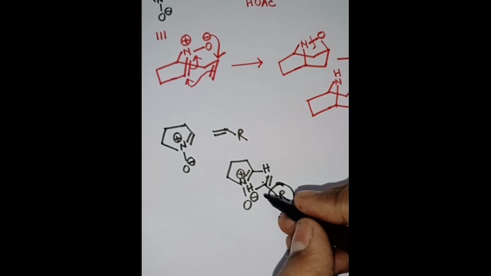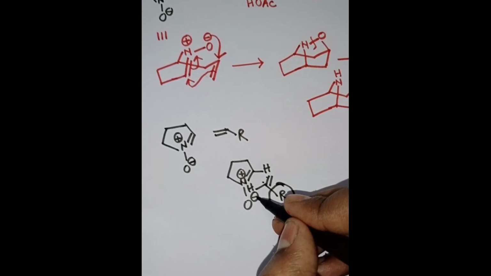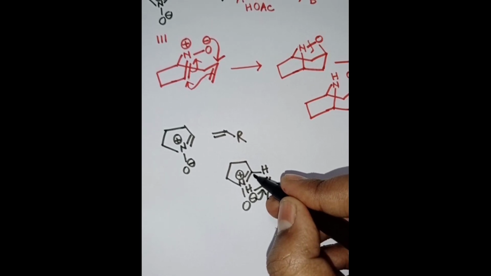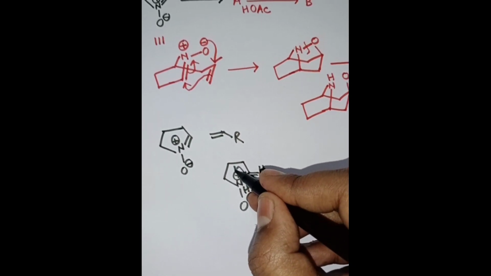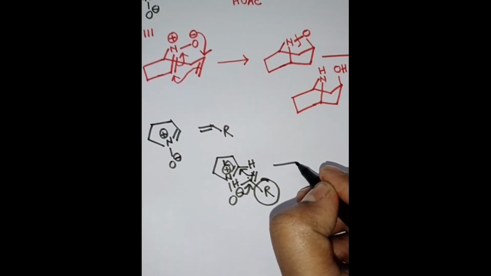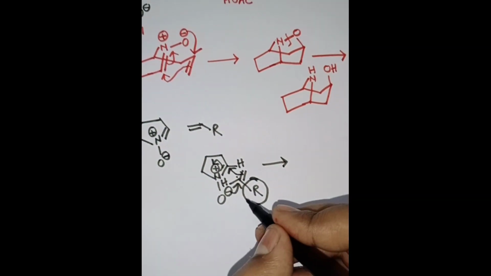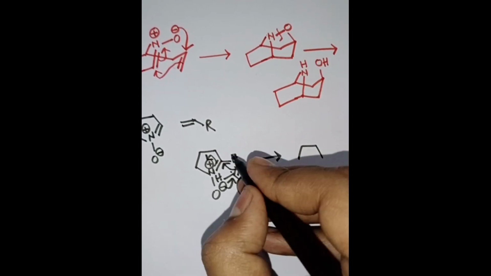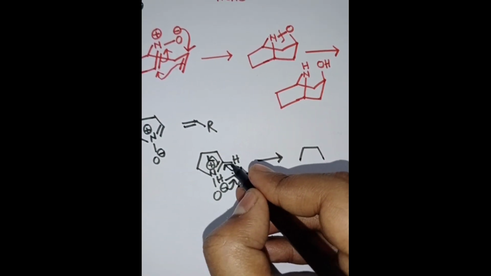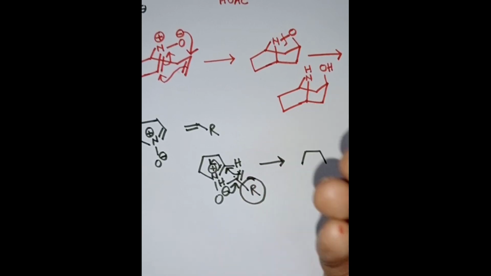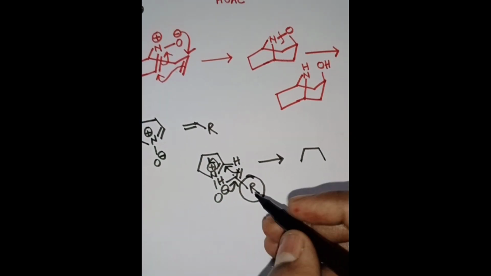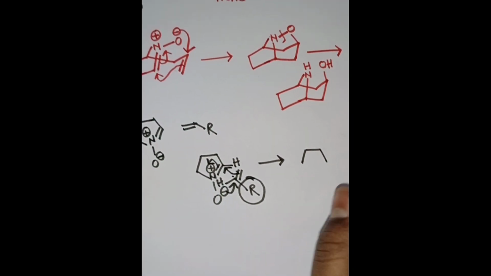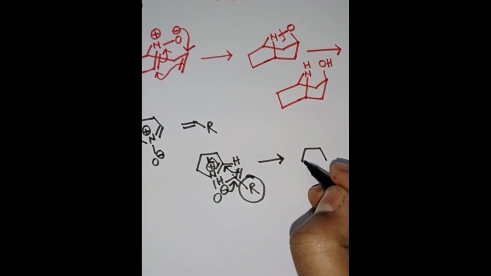Okay, so what will happen? This negative charge will attack here, this bond will attack here, and this nitrogen will be neutralized. As here R is exo in position and this bond is attacking this side, this hydrogen will come above the plane of the paper, as well as the R group will also come above the plane of the paper.